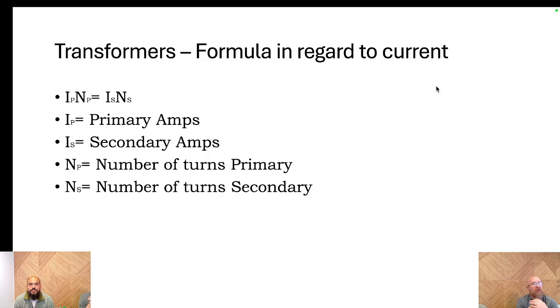Now, with current, it's just the primary amps and the number of turns, right? So I_P times N, and this makes sense because it's really just substituting things in with Ohm's law. The current is going to be times the number of turns of the primary, and the current is going to be the turns of the secondary.